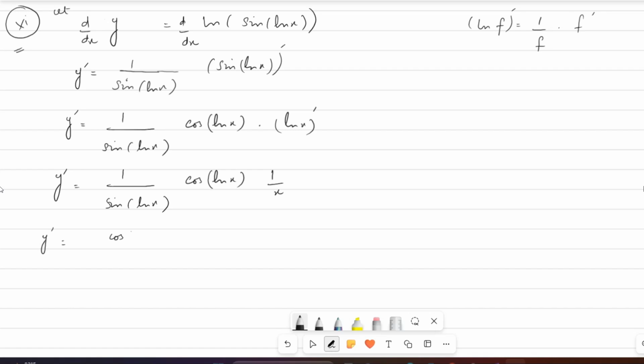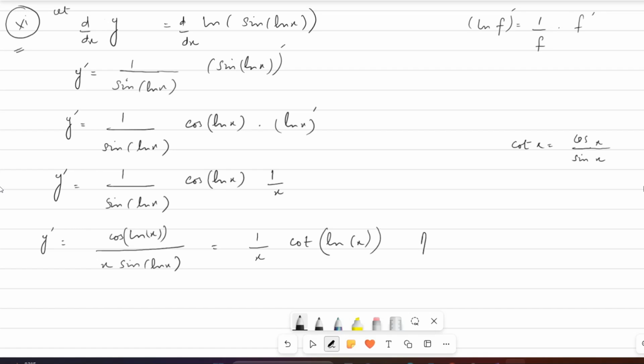So here cos ln x divided by x sine ln x, and cos upon sine is cot. So we can write it down as 1 upon x cot ln x. So I hope you have understood this 11th part as well.